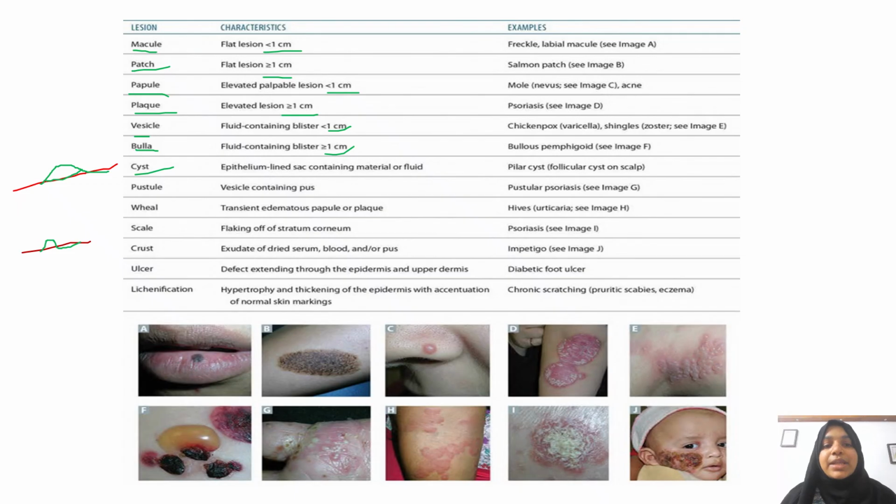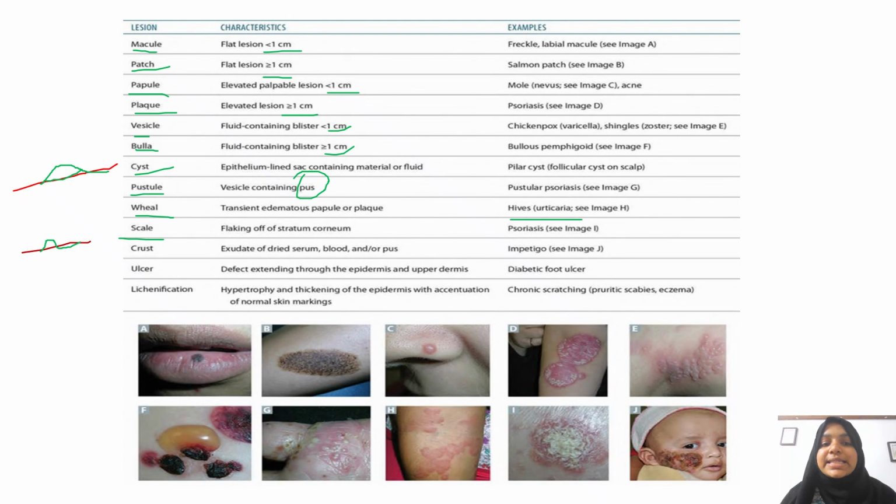You have a cyst when there is an epithelium lined sac containing material or fluid, like your pilonidal cyst. Pustules is when instead of fluid it is containing pus, like in pustular psoriasis. Wheal is a very characteristic lesion of urticaria, also called hives.